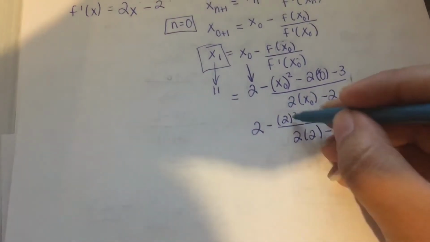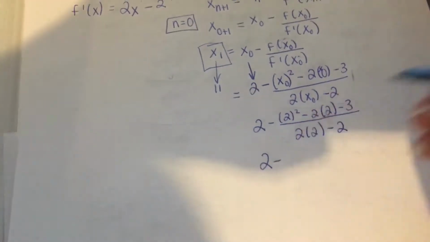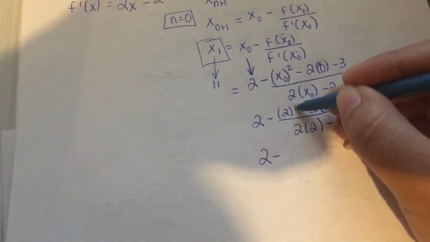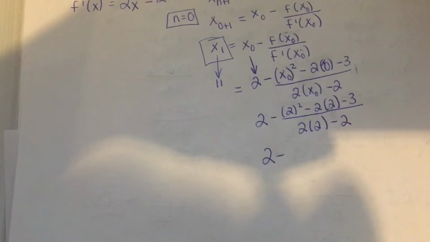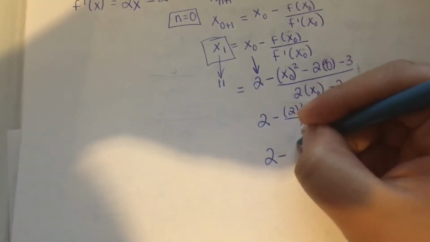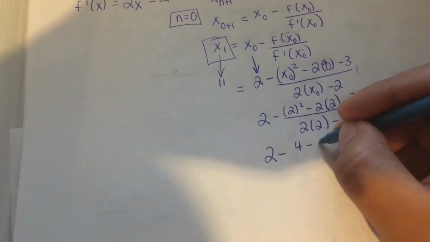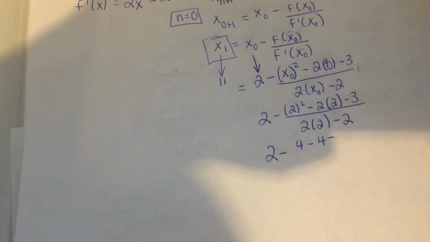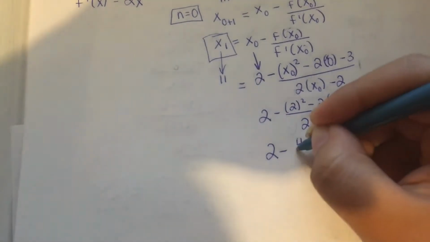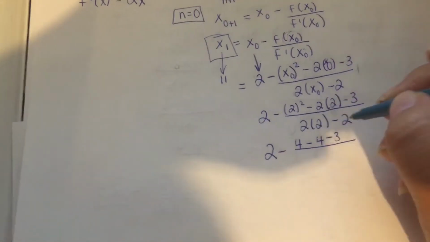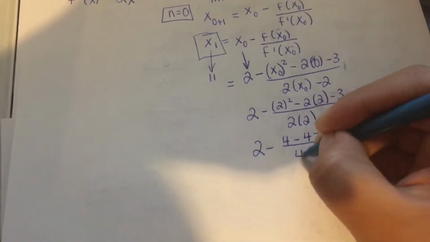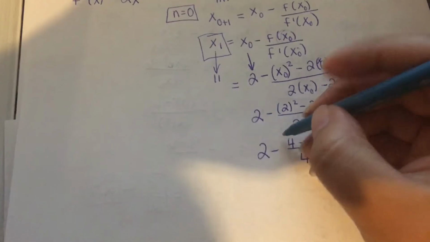There we go. So we're going to simplify this. 2 times 2 squared, that's just 4. Sorry about that, I had an itchy nose. 2 times 2, that's just 4 again, minus 3 over 2 times 2, that's just 4, minus 2.